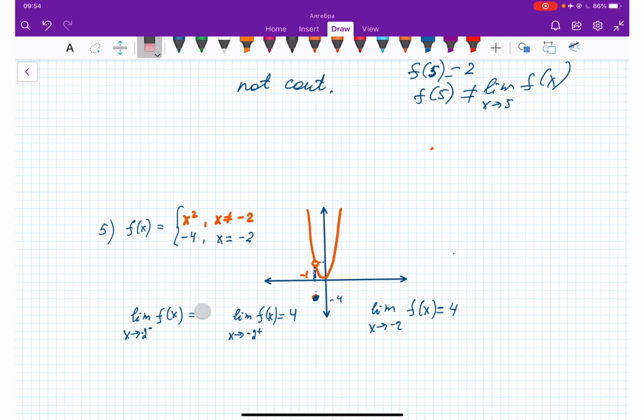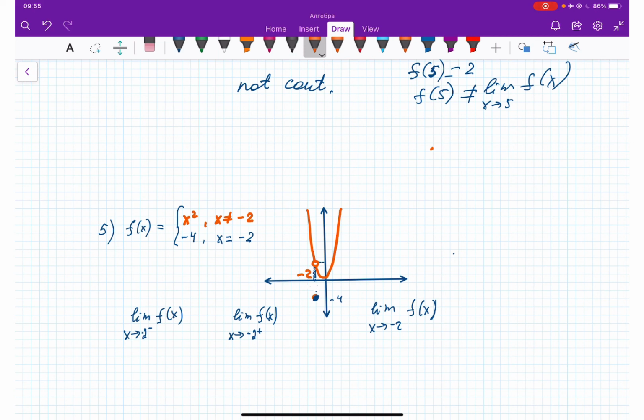So let's explore. We have a hole at the point of negative 2. This hole is at x equal to negative 2.